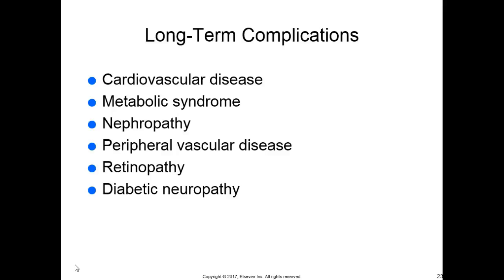Peripheral vascular disease, often gangrene, occurs because of the impaired circulation, and this can often lead to amputation. And this is far more common in patients who have diabetes. Vascular changes typically cause very poor circulation in the feet and lower extremities, and healing of wounds in those areas is extremely difficult because of the poor blood supply.